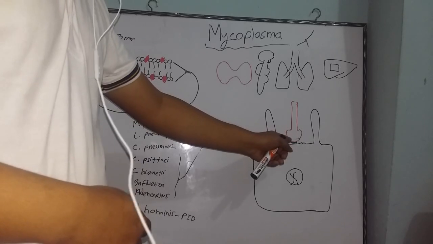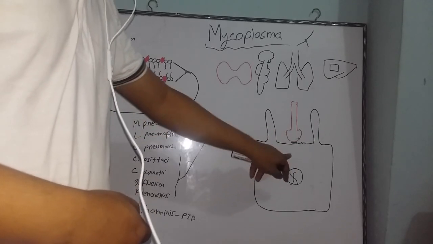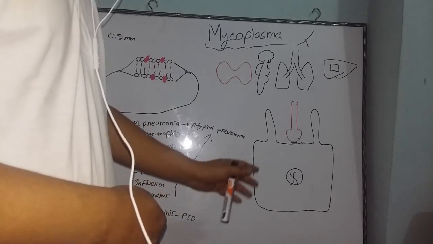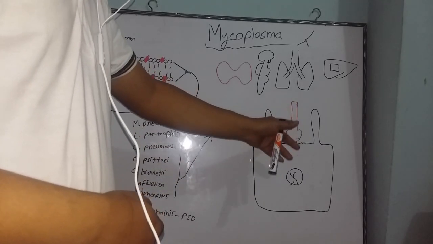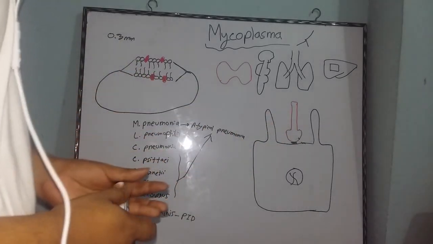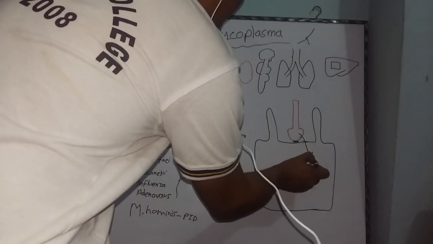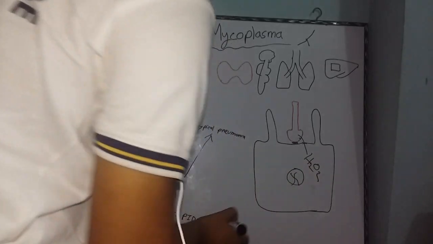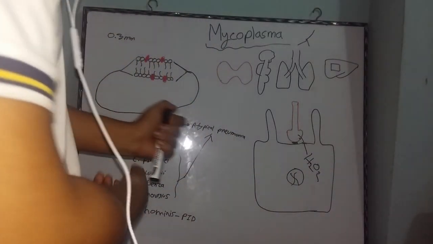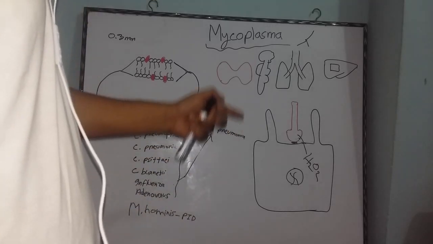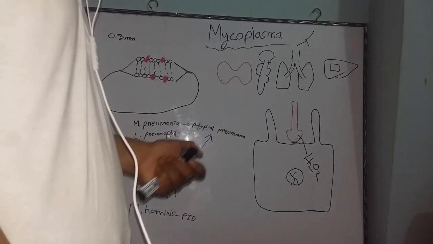This adherent molecule adheres with our respiratory epithelial cell, and this Mycoplasma pneumonia produces hydrogen peroxide, and this hydrogen peroxide is a very toxic substance for our respiratory epithelial cell, and our respiratory epithelial cell goes to the process of necrosis.